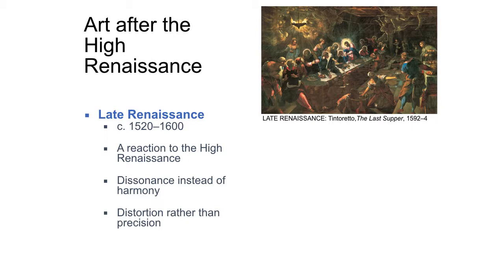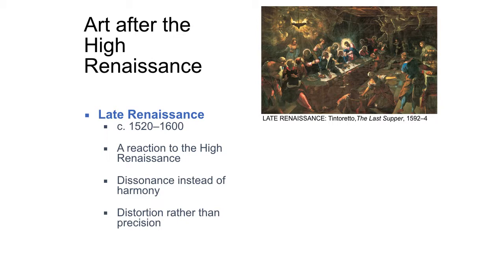So some similarities as far as subject matter are that artists will continue to focus on religious imagery, but what we see is that the forms become even more exaggerated, dissonant, and distorted. There is a direct contrast with the insistence on harmony and precision that was valued by the high Renaissance artists.